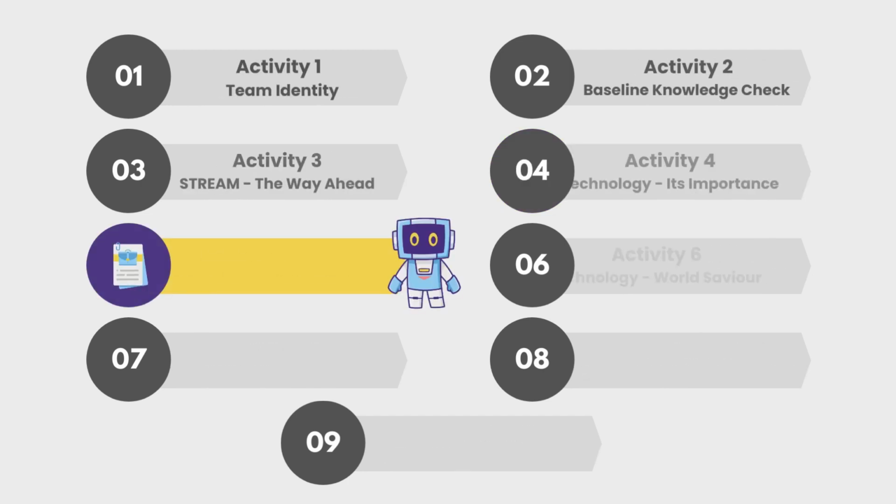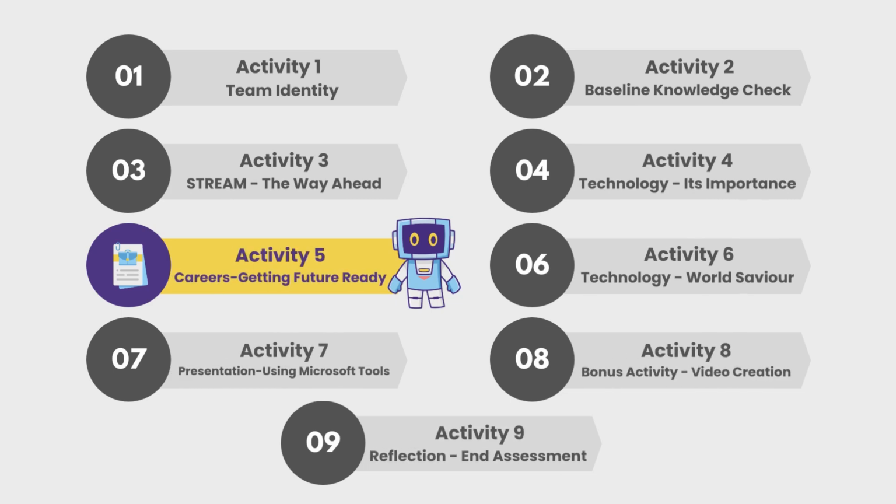Now, as we move on to activity 5, here we introduce students to different career paths that they can take based on what they are interested in and what their skill sets are.